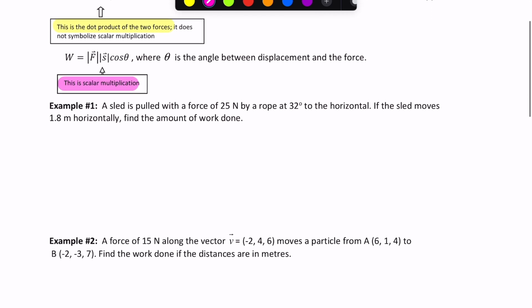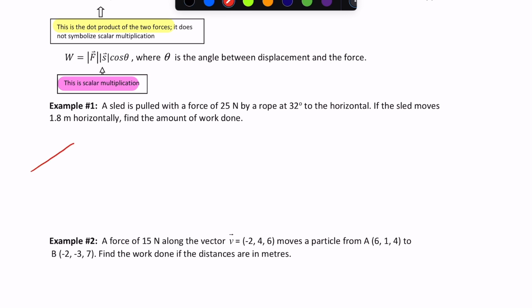So if we look at a couple of examples, it says a sled is pulled with a force of 25 newtons by a rope at 32 degrees to the horizontal. If the sled moves 1.8 meters horizontally, find the amount of work done.